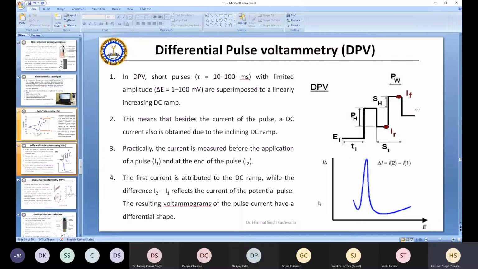The first current is attributed to the DC ramp, and the other one is a difference, I2 minus I1, which mainly reflects the current of these potential pulses. So this signal is the difference of the current between these potential pulses.